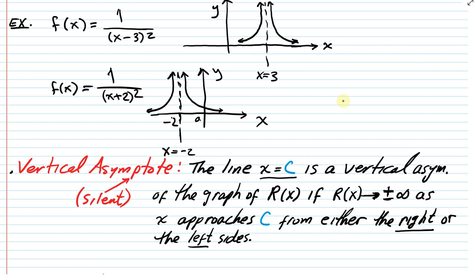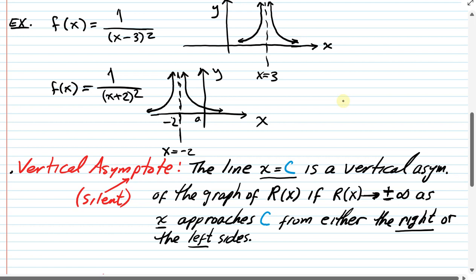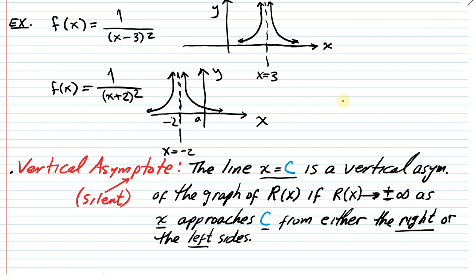But the key is that the function, the y value, approaches infinity or negative infinity as x actually approaches a constant, a number c, from either right or left sides. Okay, so if you look at, for instance, the vertical asymptote that's up here, as I'm going to -2 from the right, the function is rising.